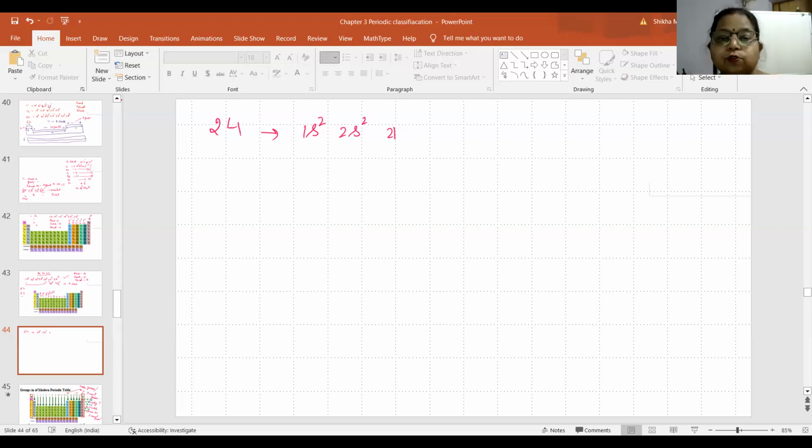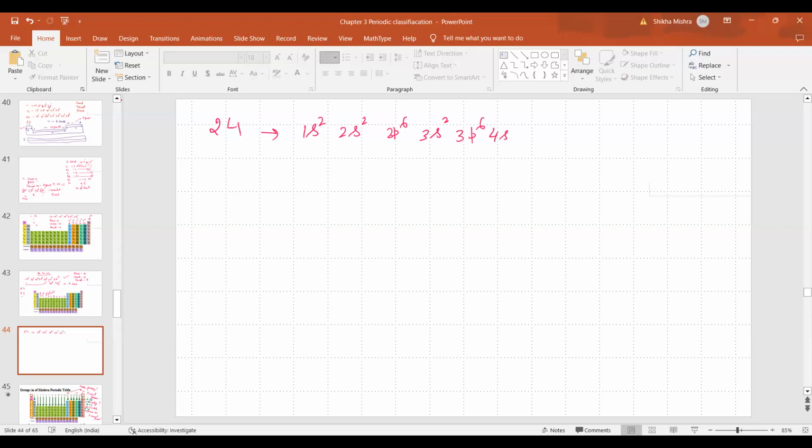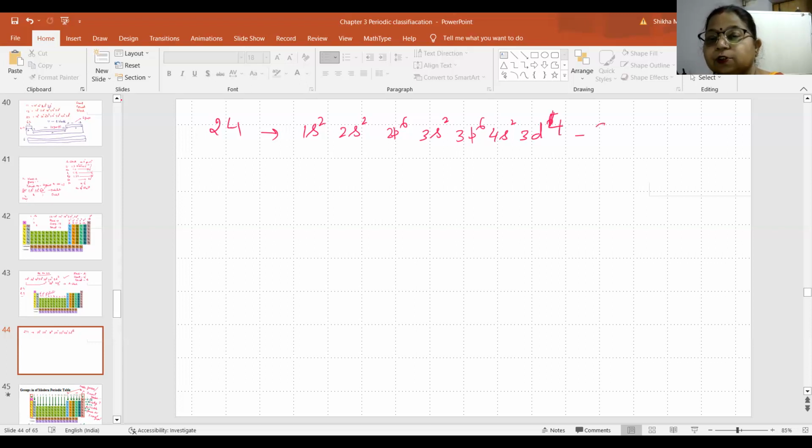Okay. 1s2, 2s2, 2p6, 3s2, 3p6. Then 4s1 and 3d5, ma'am. This is what Shweta said, right? 4s2, 3d4. Anybody having a different configuration? Yes, ma'am. It should be 4s1 and 3d5.